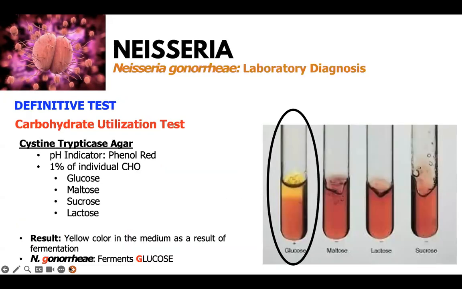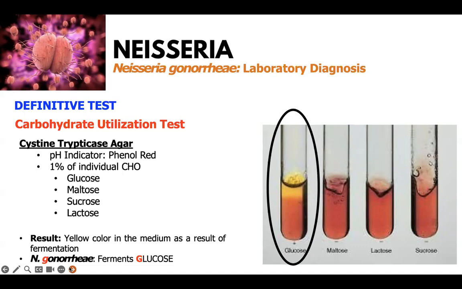Okay? Now, the definitive test for identification of Neisseria ay walang iba kundi ang carbohydrate utilization test. Gaya din ng ating enteric, ito rin ang pinaka-definitive test na ginagamit natin. Although, of course, pag nag-molecular level tayo ng testing, definitive test din yun. So, carbohydrate utilization test using the cysteine trypticase agar is the definitive test for Neisseria. This would contain phenol red as the indicator.